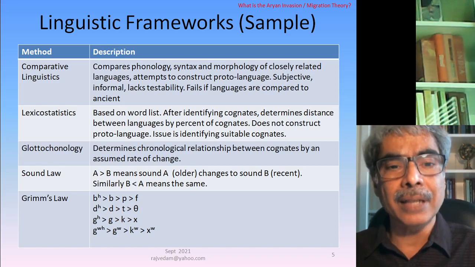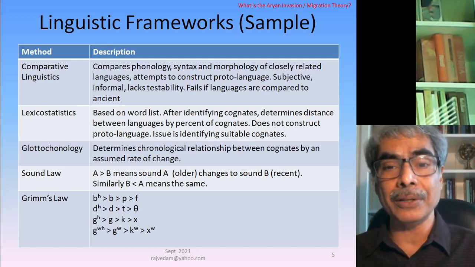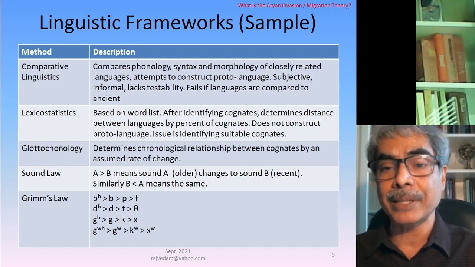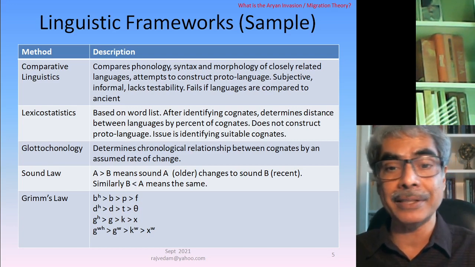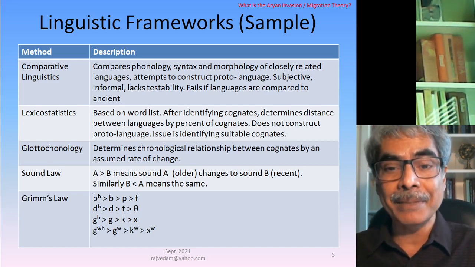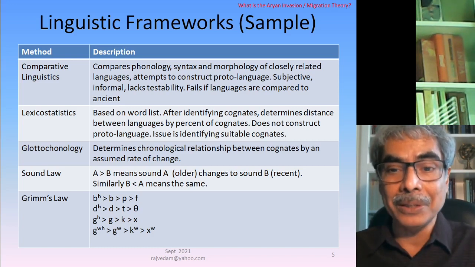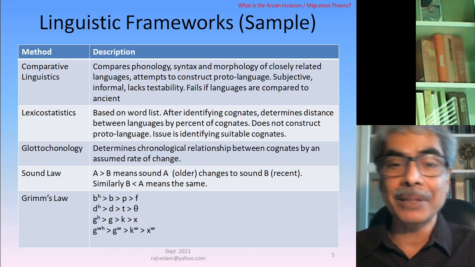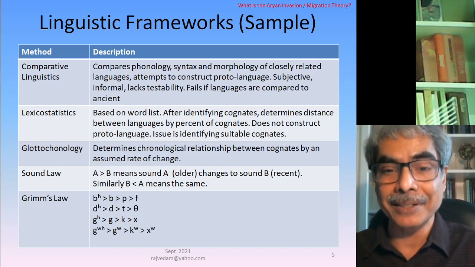In general, the idea is based upon sound laws. How do sounds change from one language to the other, especially in the cognates? Cognates meaning the same meaning in different languages. For example, A greater than B means the sound A is older and it changes to sound B, which is more recent. Similarly, B less than A means a similar meaning.